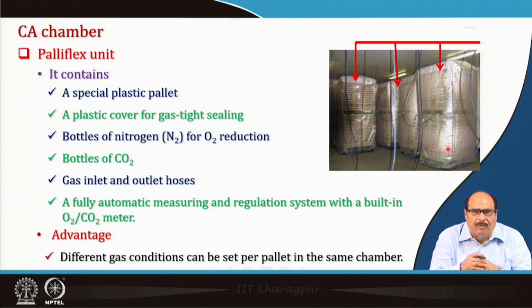There is a plastic cover for gas tight sealing. There are bottles of nitrogen for oxygen reduction, bottles of CO2, gas inlet and outlet holes, and a fully automatic measuring and regulating system with a built in O2 CO2 meter.